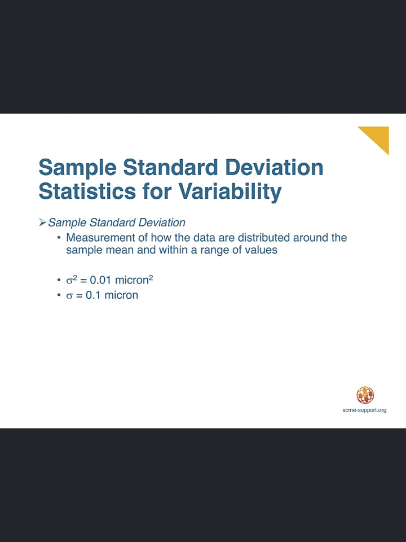This will be discussed in detail shortly. Using our example, since our sample variance is equal to 0.01 square micron, then the sample standard deviation is the square root of that, which is 0.1 microns.